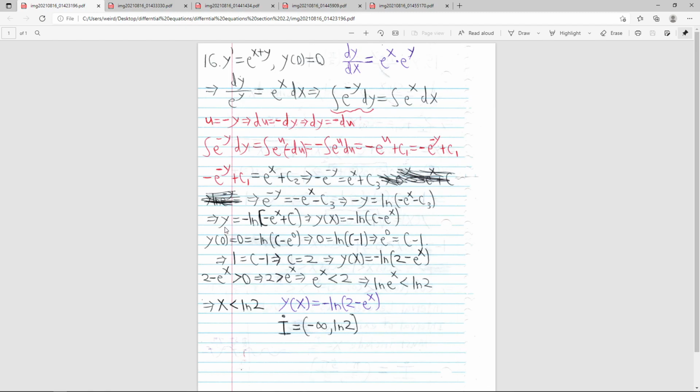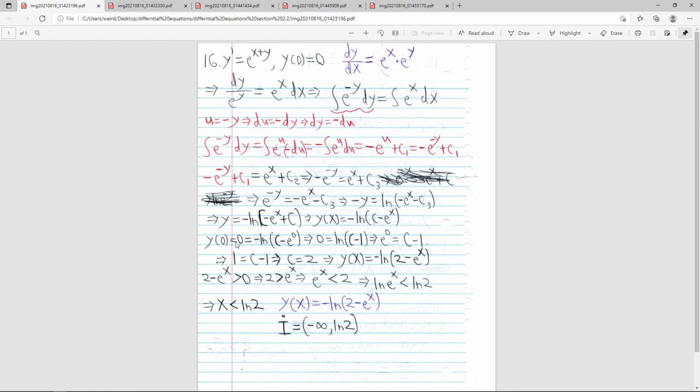Then I simplified it down, so y equals negative natural log of negative e to the x plus big C. So we have the constant C here. So y of x equals negative ln of c minus e to the x. Rewriting it several ways here.